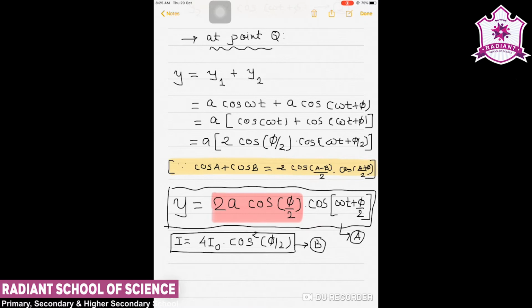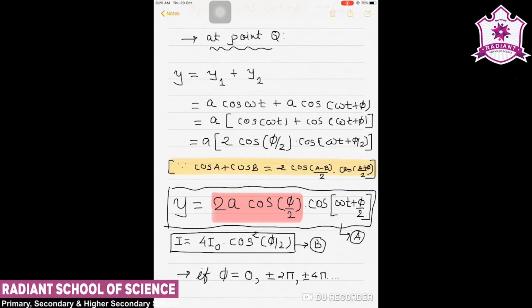Now we can have the condition for them. Suppose the phase difference phi is 0, plus or minus 2 pi, plus or minus 4 pi, and so on. That gives us the condition for constructive interference.